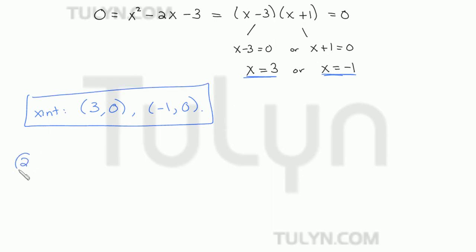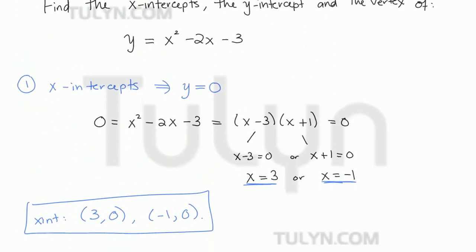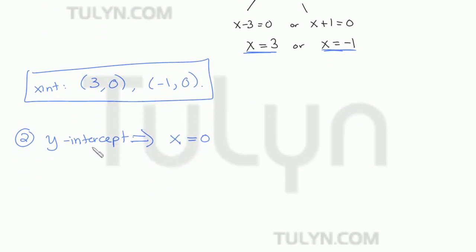So now let's find the y-intercept. The y-intercept is where the graph crosses the y-axis, and at that point, x is equal to 0. So what we need to do is replace x with 0 in the original equation, which is x squared minus 2x minus 3.